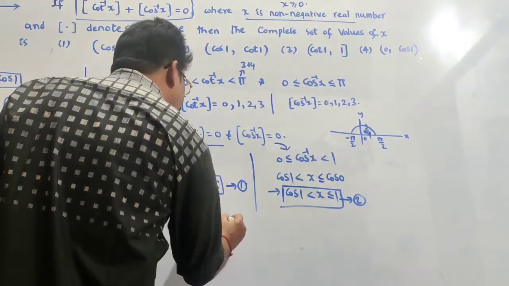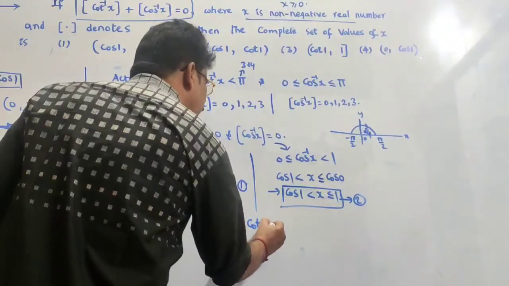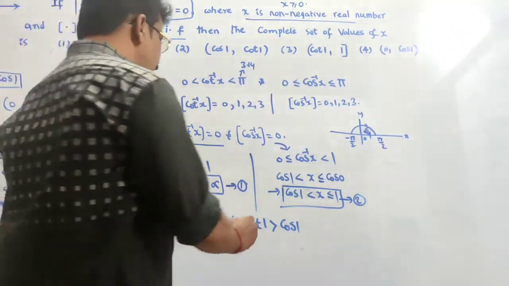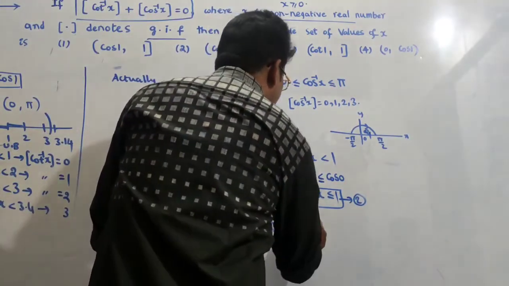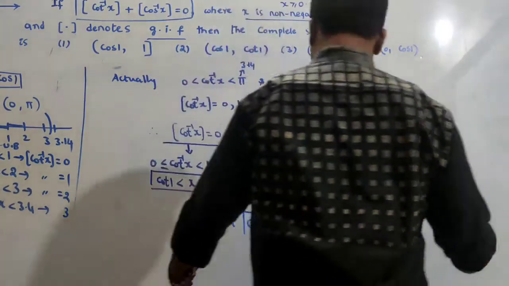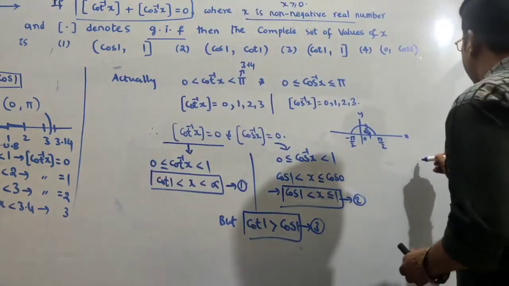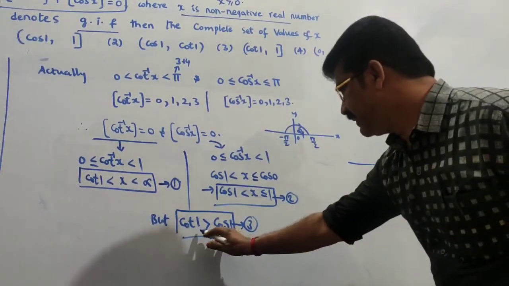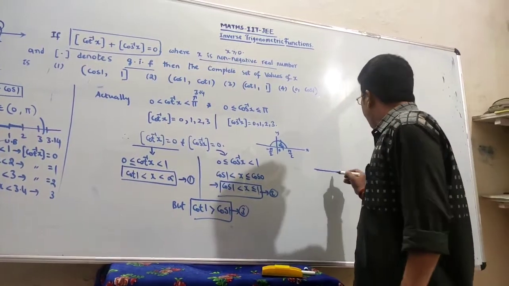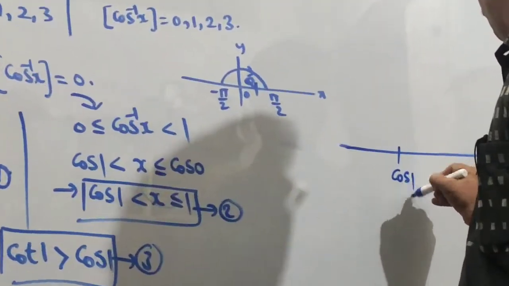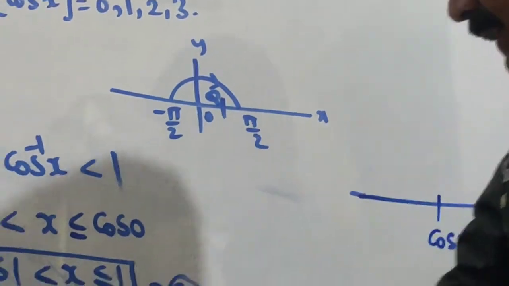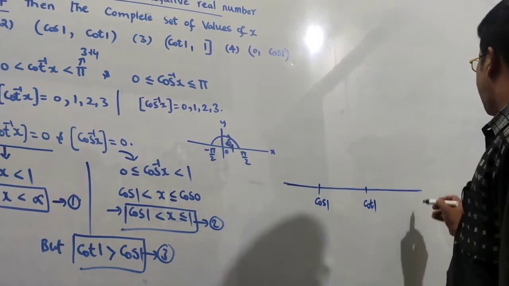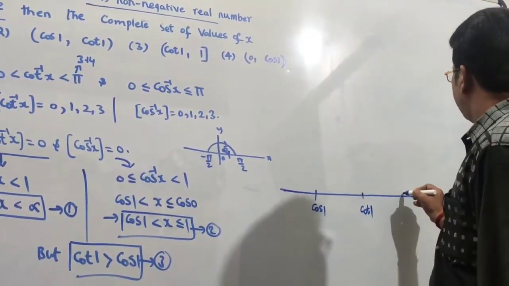But already we know cot 1 is greater than cos 1. So therefore we have to find the combined solution of the statements. You come here. This is the real line, the x line. Cos 1, and cot 1 is greater than cos 1. So suppose it is cos 1, because cot 1 is greater than cos 1, let us take it as cot 1, and 1 like that.